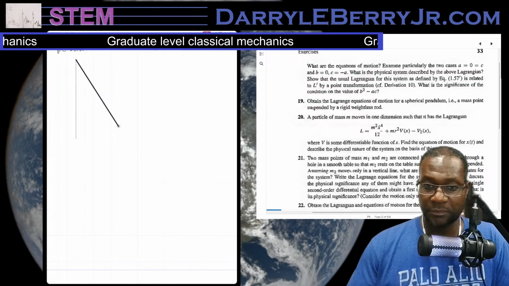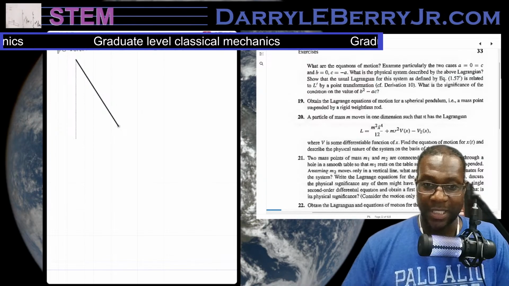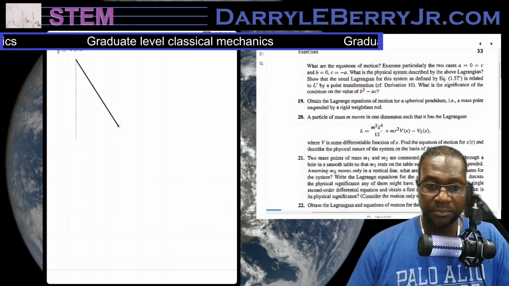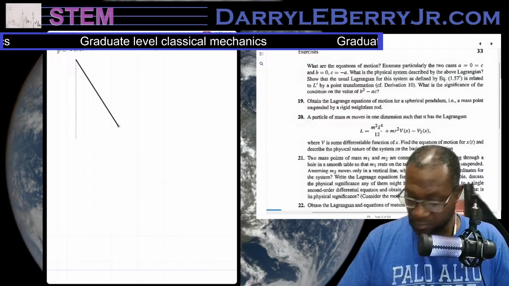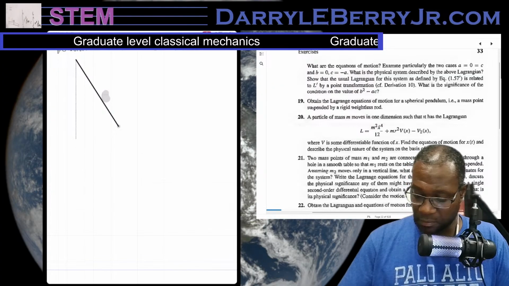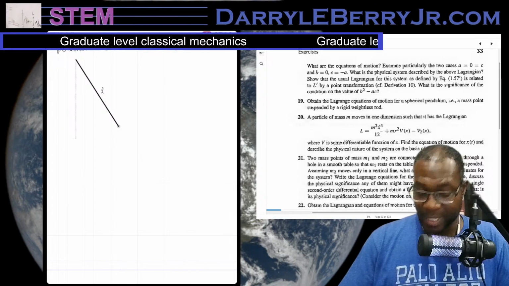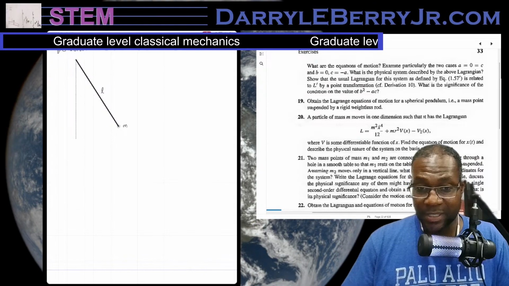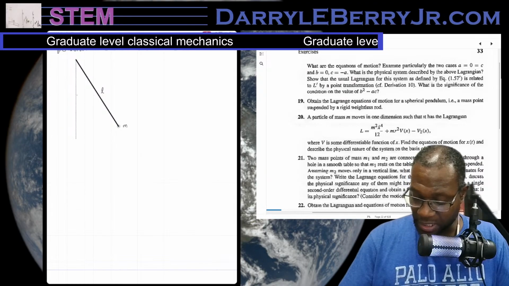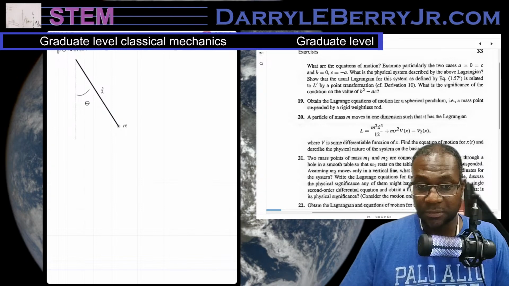The length of the pendulum we'll call L. This is the mass. This angle here is theta.